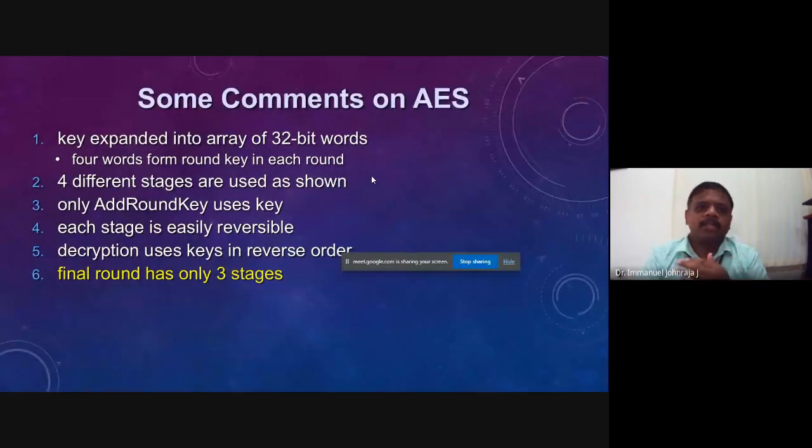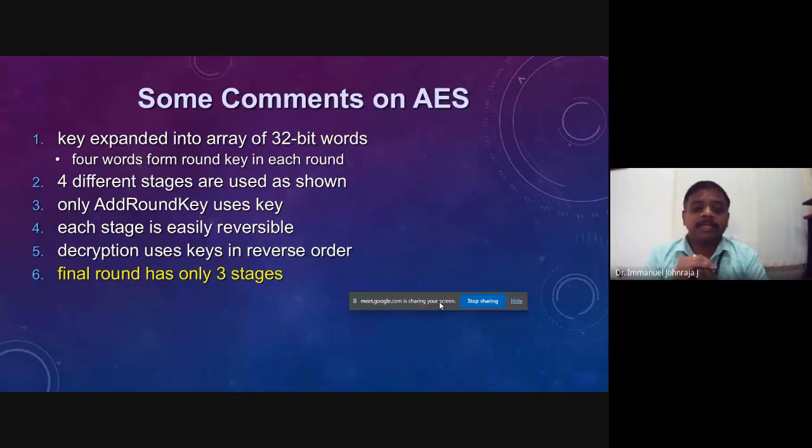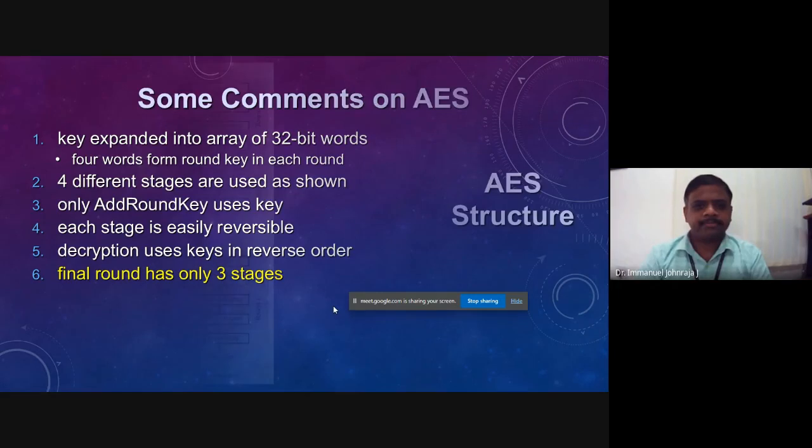You can do the reverse of it because the operation is defined very clearly. And the decryption keys are given in the reverse order, as we have seen. And the final round has only 3 stages. So please remember these points so that your diagram, your analysis, anything can be given in a clear way, even for the examinations.